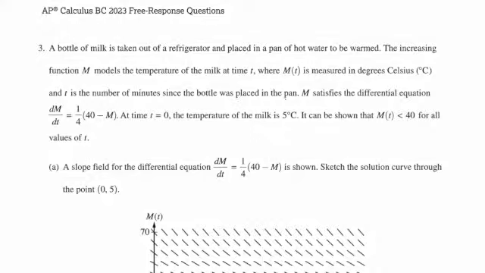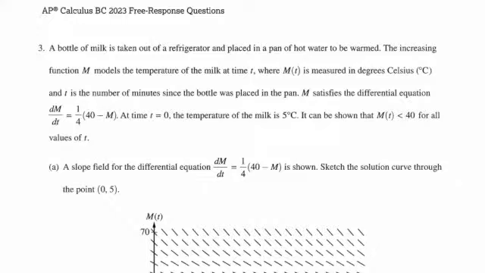M satisfies the differential equation dM/dt equal to 1/4 times (40 minus M). At time t equals 0, the temperature of the milk is 5 degrees Celsius. It can be shown that M of t is less than 40 for all values of t. Yes, if you solve this differential equation in one part, you will see that the horizontal asymptote is y equal to 40.